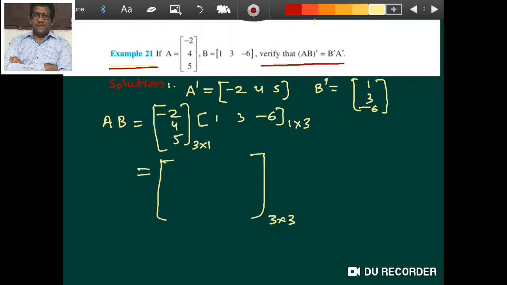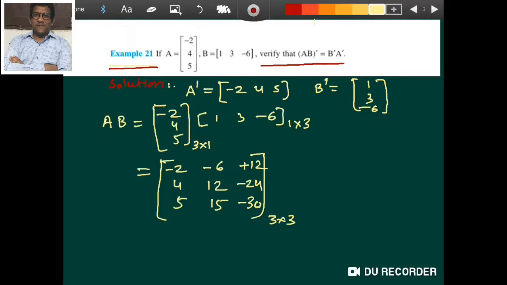Multiplying, minus 2 into 1 is minus 2, minus 2 into 3 is minus 6, then 12, 4, 12, minus 24, 5, 15, minus 30.